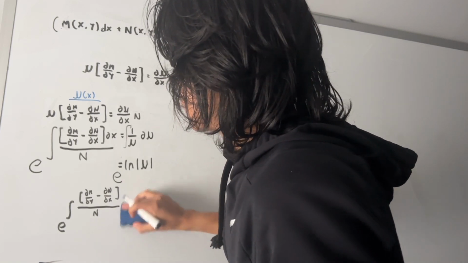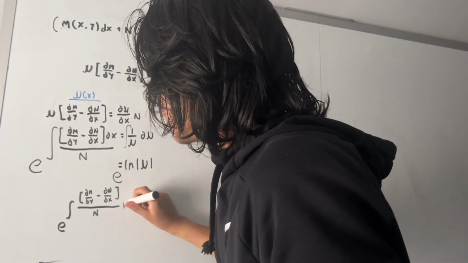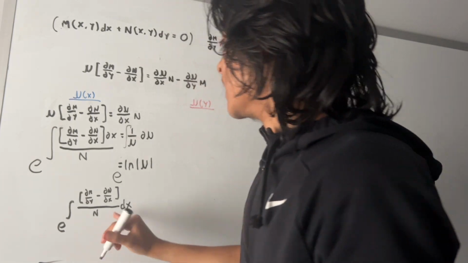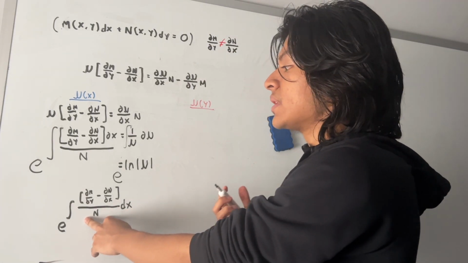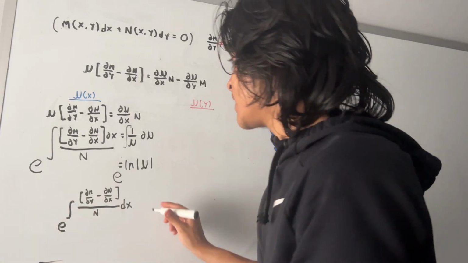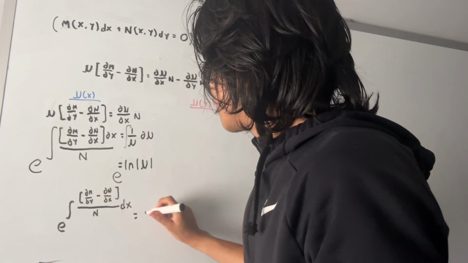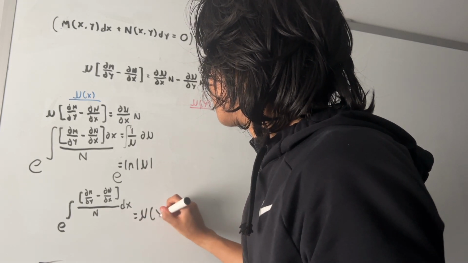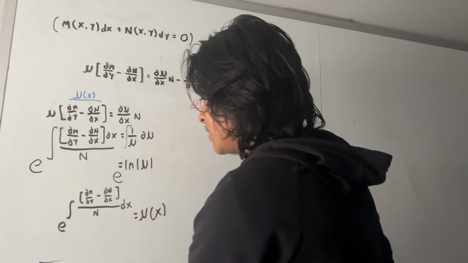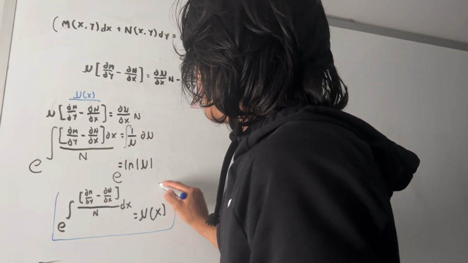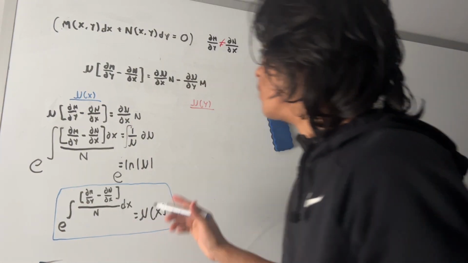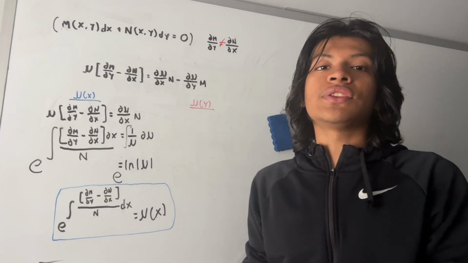Then right here, instead of writing partial of x, I'm just going to write dx. This is assuming that once we integrate this, it turns out that it's just going to be a function of x. This is going to be equal to u of x.